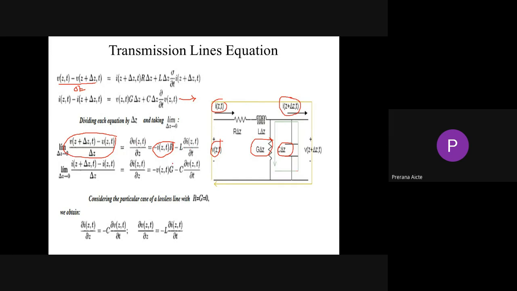And in the second equation G is equal to 0, that is, dou I by dou Z is equal to minus C into dou V by dou t. So all of you note down this expression while I am explaining.